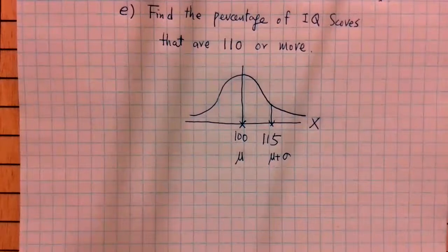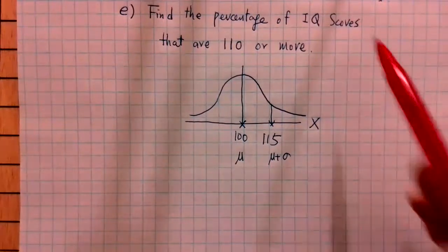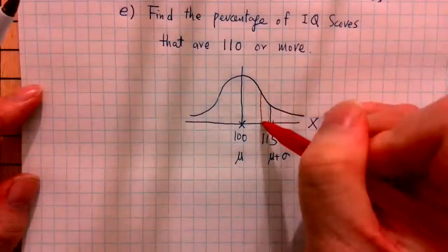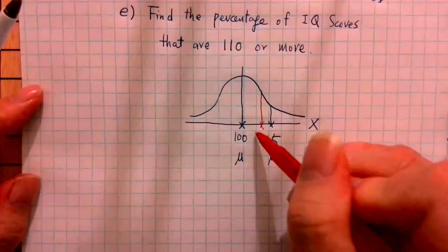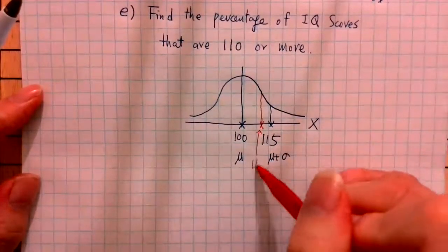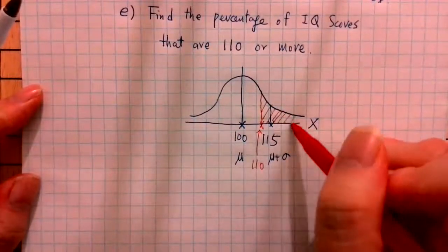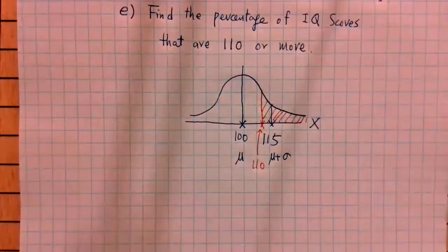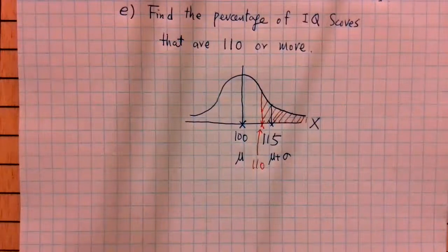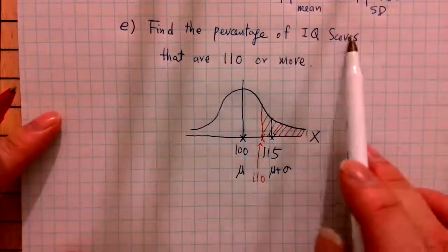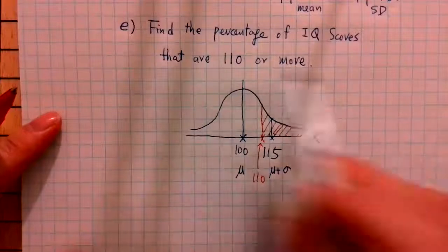And we are asked to find what? IQ score is 110 or more. The 110 or more is the size of the shady area. Now, find the percentage of IQ scores that are 110 or more.